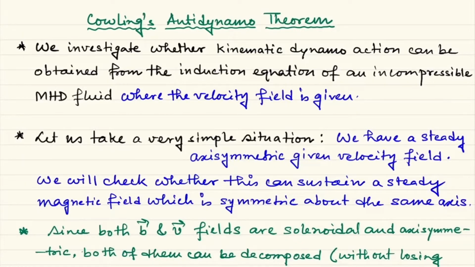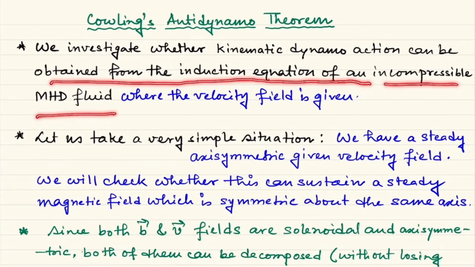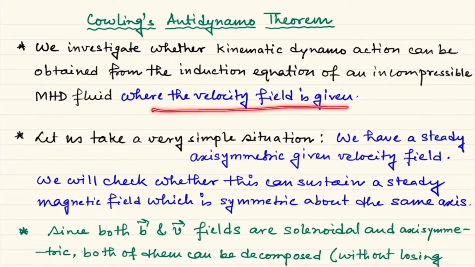So this theorem is known as Cowling's anti-dynamo theorem, because Cowling was the first one who gave this theorem. And here we mainly investigate whether kinematic dynamo action can be obtained from the induction equation of an incompressible MHD fluid where the velocity is given.